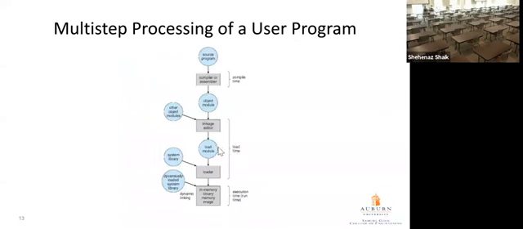So this is the example that we have seen. At the load time, the loader has performed the binding of the logical addresses to the actual physical addresses.